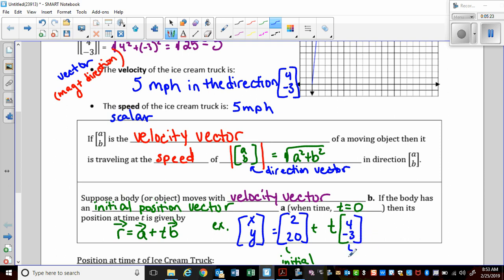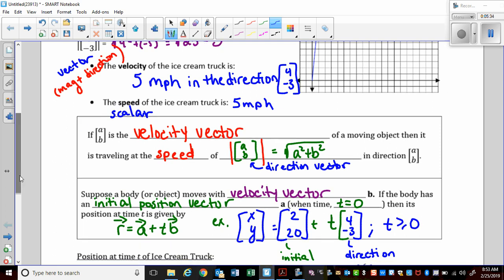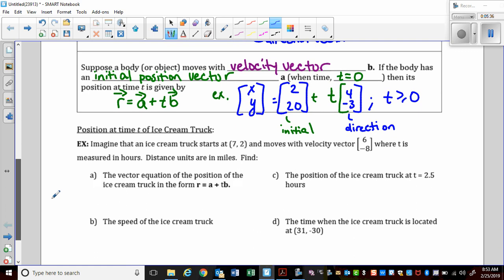This is the direction. When our time is greater than or equal to 0, we're not going to have negative time. It can be 0 though. So when our time is 0, that's just our initial point.